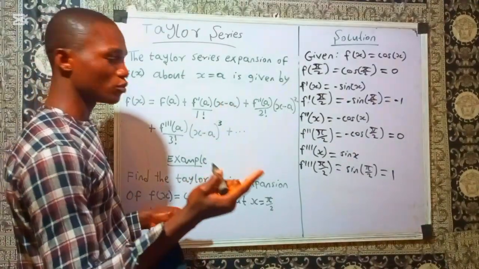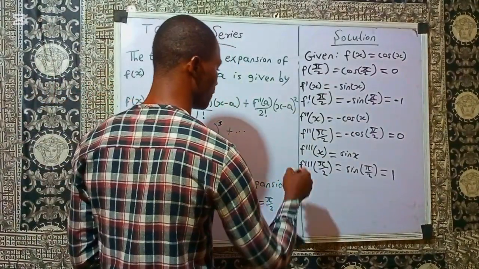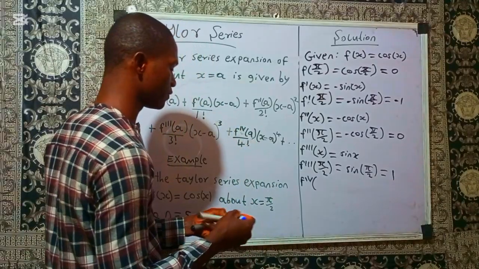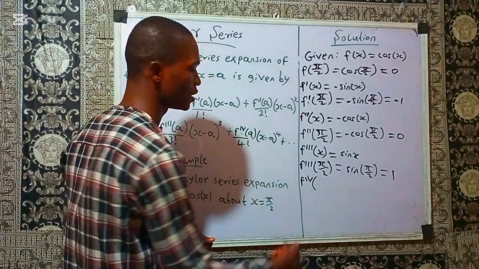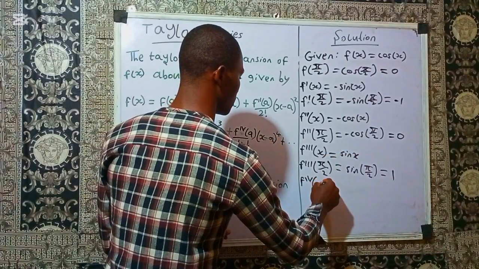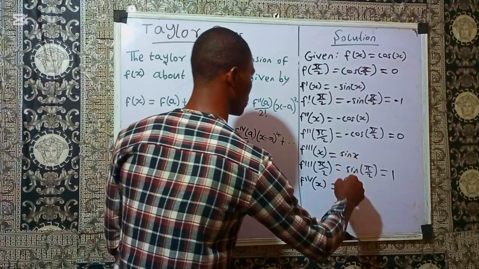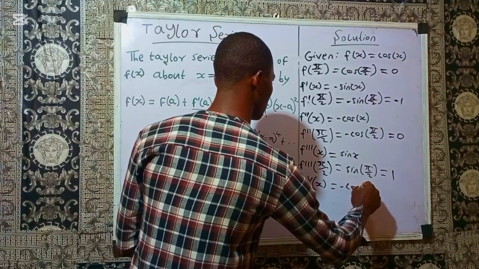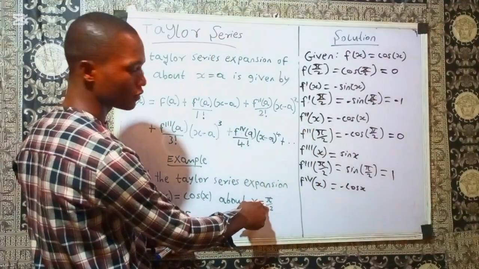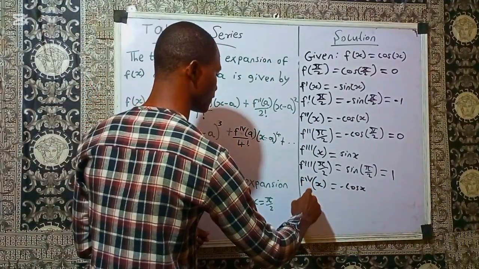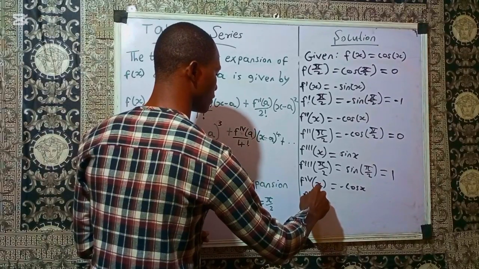So we still need to do what? Fourth derivative and fifth derivative. Fourth derivative. So you come to this third derivative, you differentiate it again. So differentiate sine. If you differentiate sine, you get what? Negative cosine of x. You now substitute your point in this fourth derivative. So that's fourth derivative at a. That's this point now.